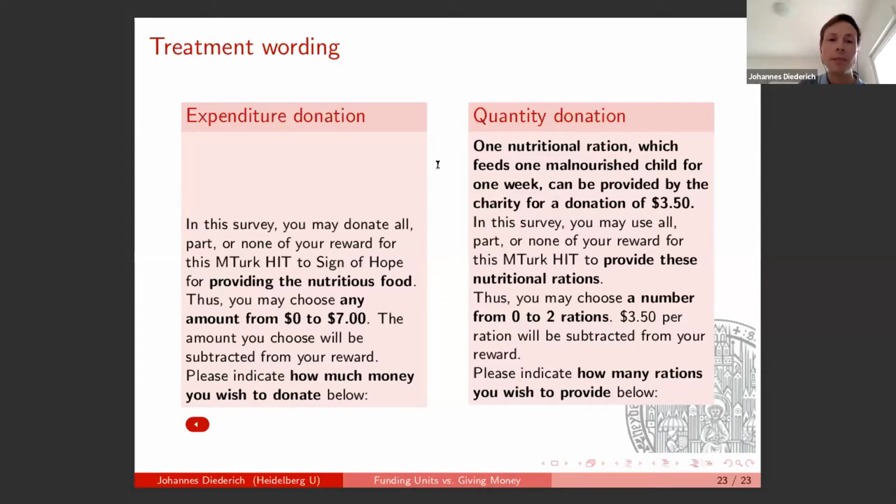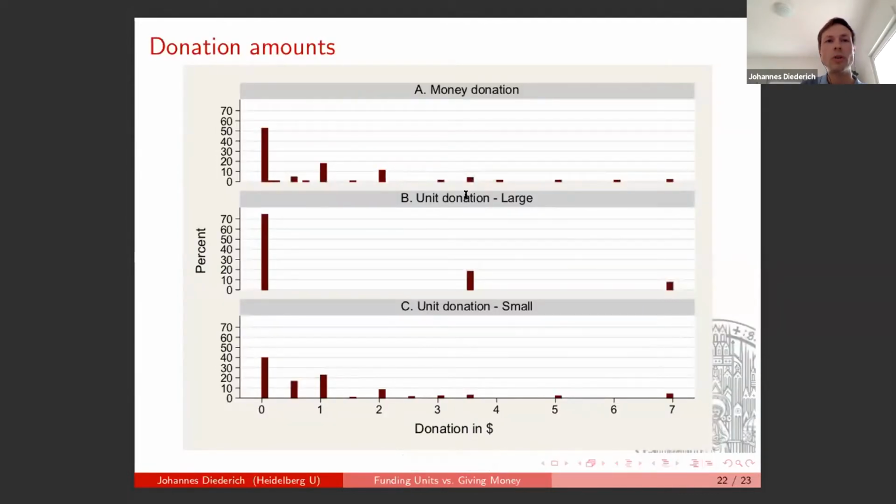Yeah, right. So good call. There are not many transaction costs, although it was a very natural setting in which the MTurk worker encountered this donation page. Any charity could implement something like this online, so also with very low transaction cost. Here you see a histogram of the donation amounts and how they were distributed.